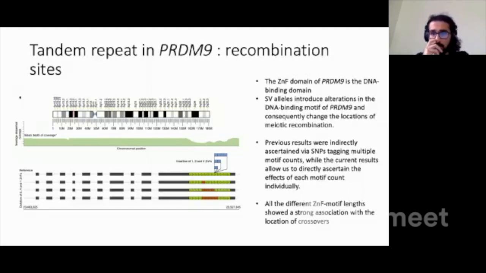Previously, people were looking at the variation in this site using either SNPs tagging some of these alleles, sometimes multiple of these alleles, so it was hard to directly ascertain the effect of each motif count individually. Or they were using gel data, but such approaches are not high throughput. Therefore, one cannot do such approaches in a genome-wide manner, whereas with long reads, we've been able to achieve that.